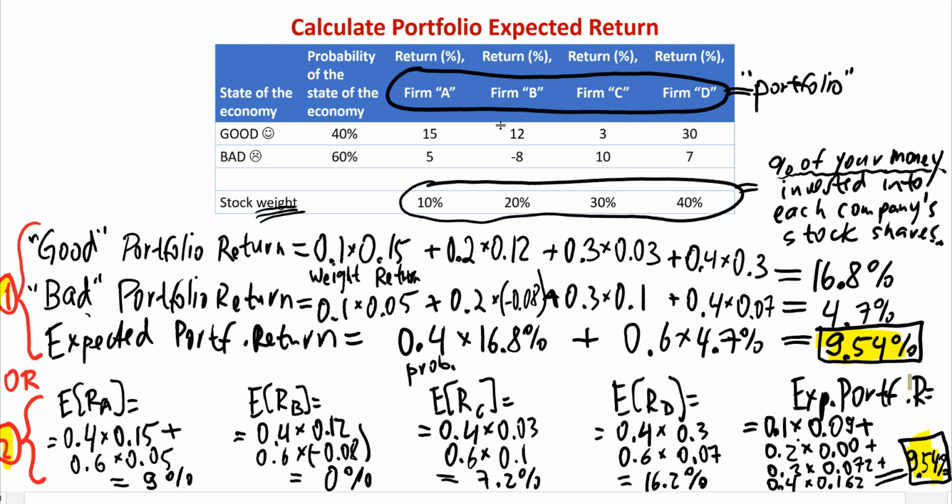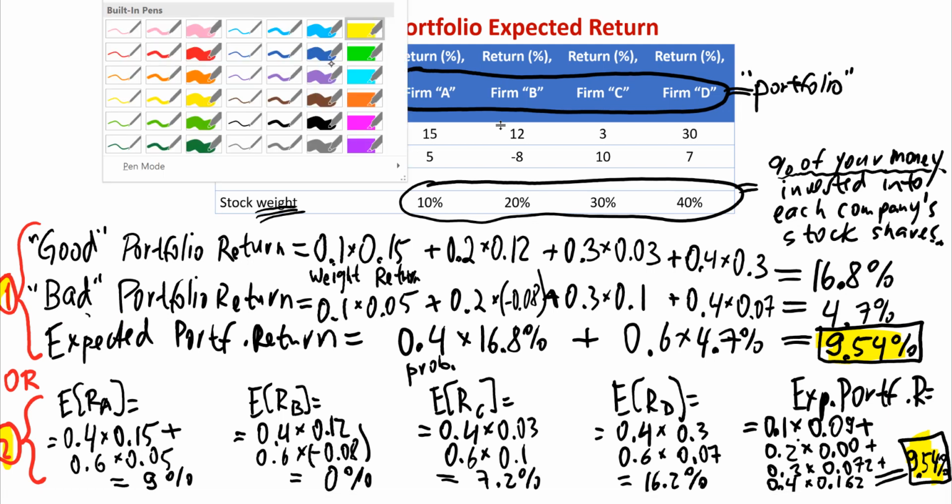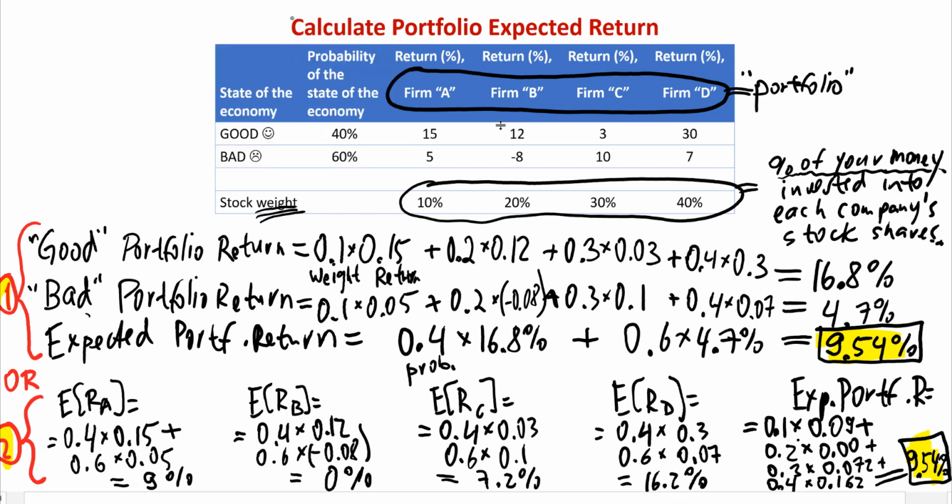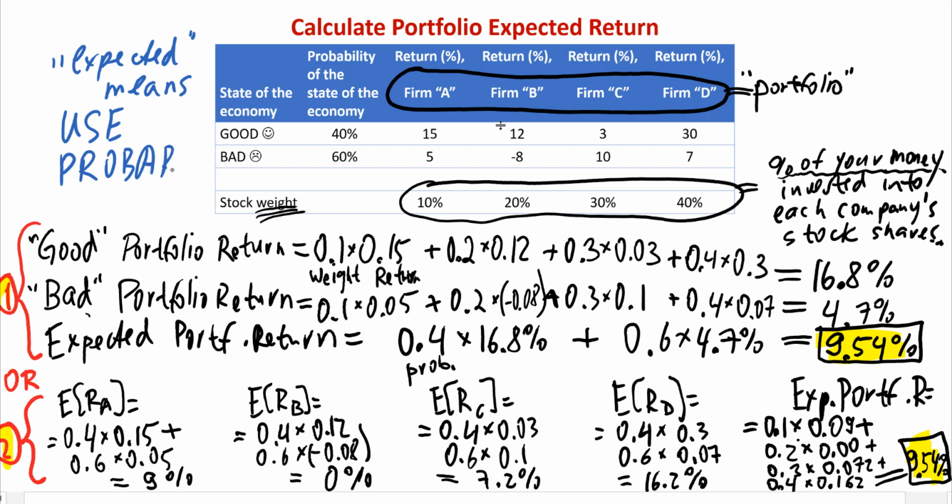And one quick tip, whenever a problem asks you to calculate expected something, a good trick to remember is that the word expected means what? It means use probabilities.